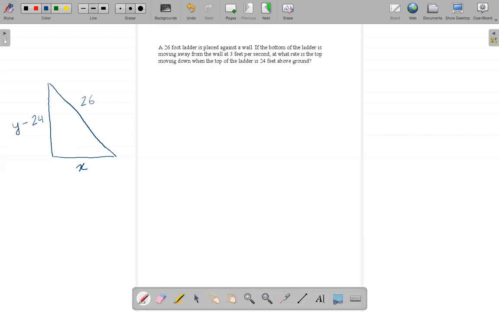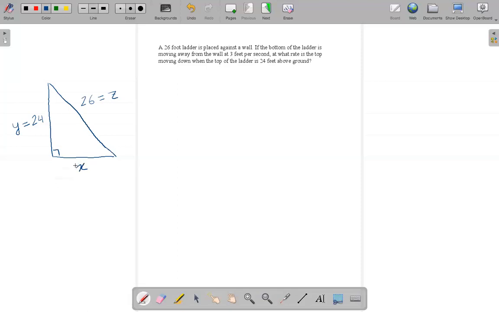Let's say y is equal to 24, and this one, you can name z. So first, looking at this problem, since I can now treat this as a right angle triangle, I can directly use the Pythagorean theorem, right?